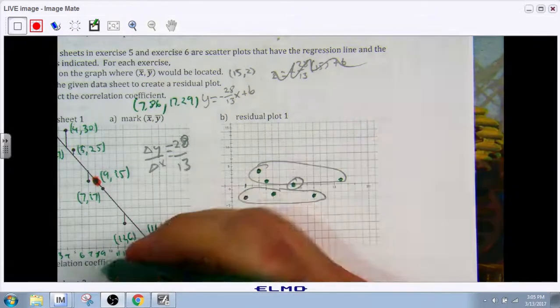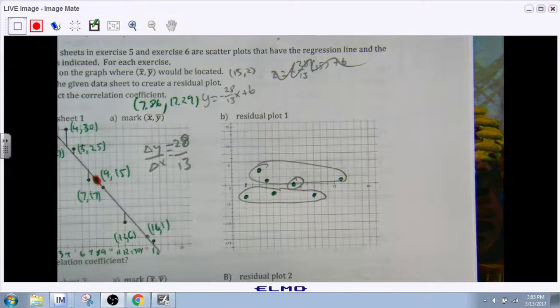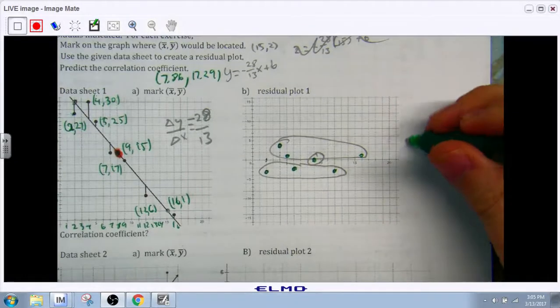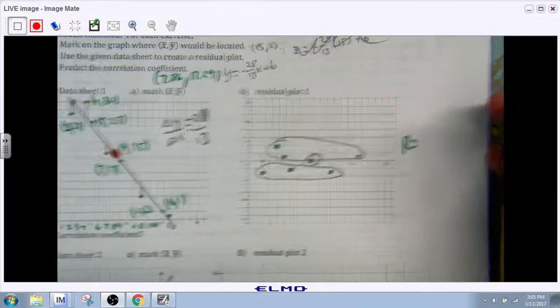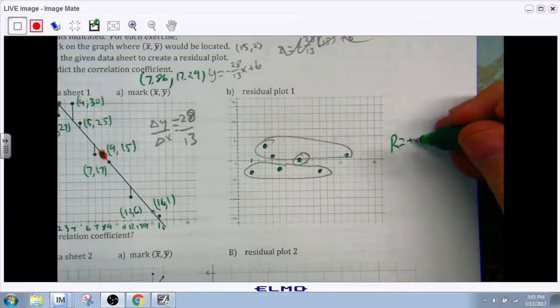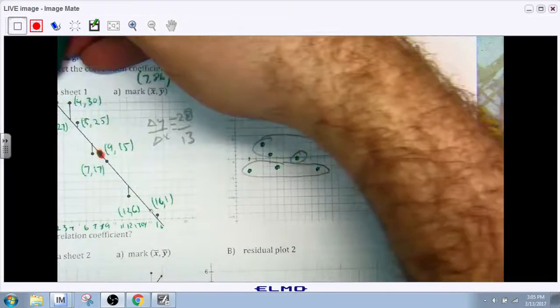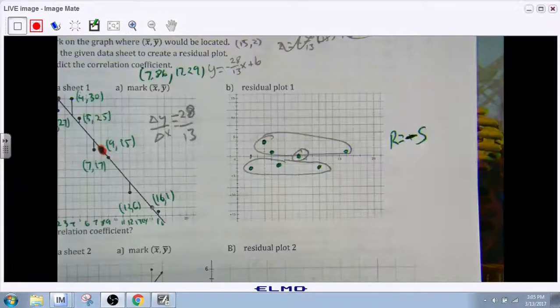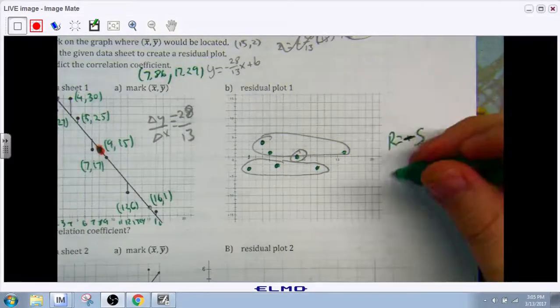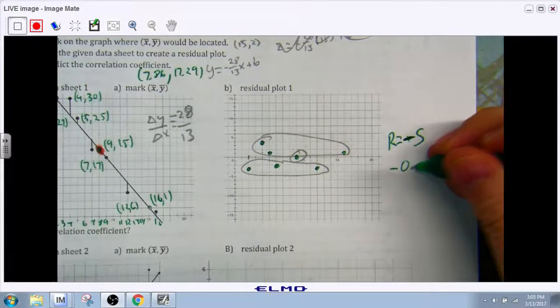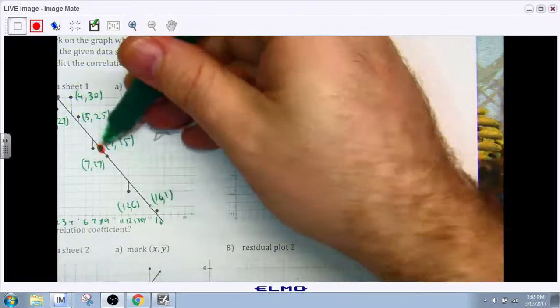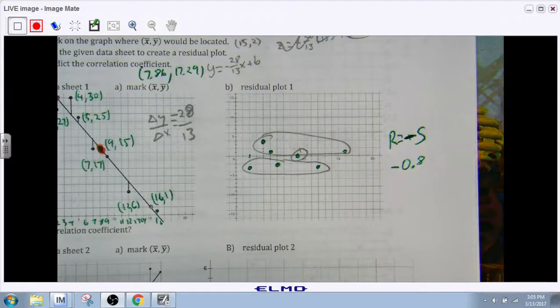If I were to estimate a correlation coefficient for this one, I would guess our R looks like a strong negative, because it is a negative correlation: as one goes up, the other goes down. But it seems to be pretty strong. So I'd probably give this a negative 0.8, because they're all fairly close to the line.